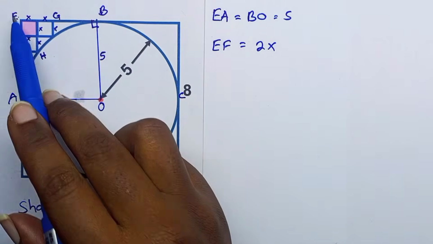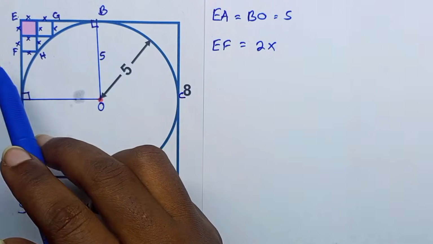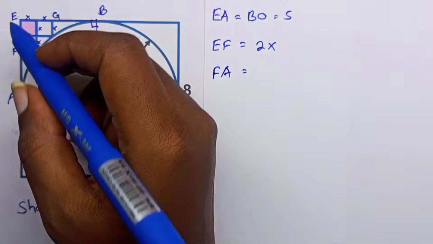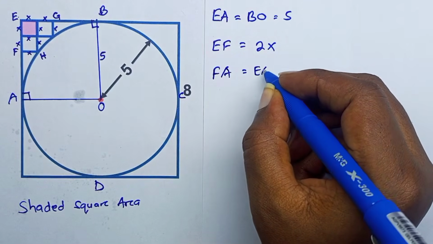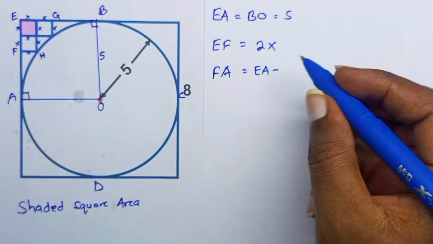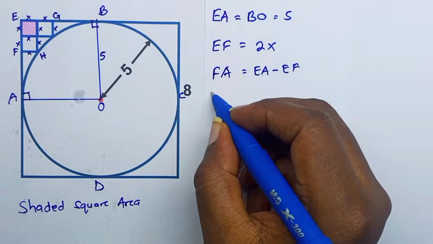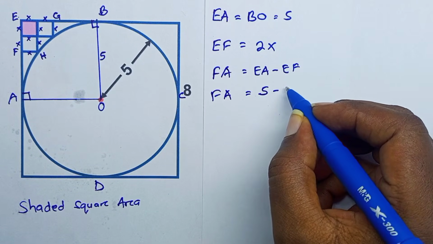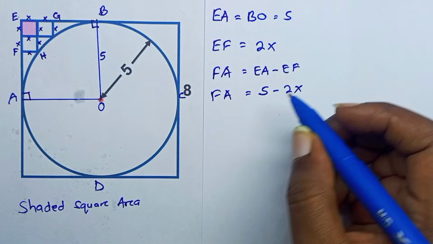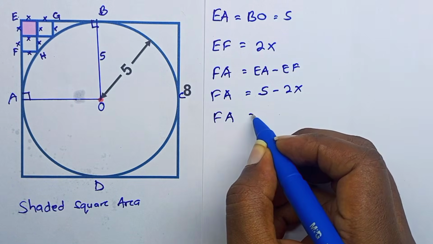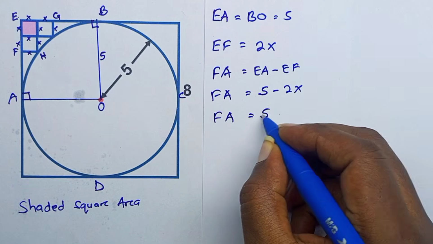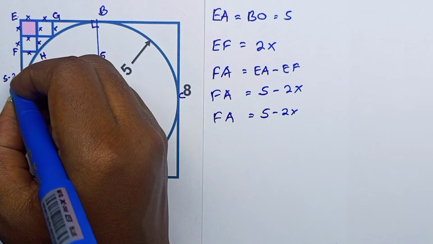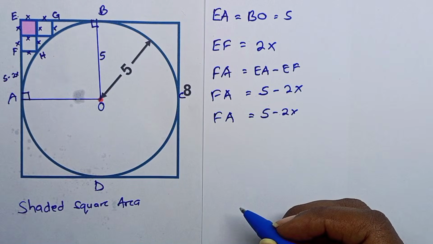And since EA is 5, FA will be equal to EA minus EF. EA is 5 and EF is 2x, so FA is equal to 5 minus 2x. So from here to here is 5 minus 2x.